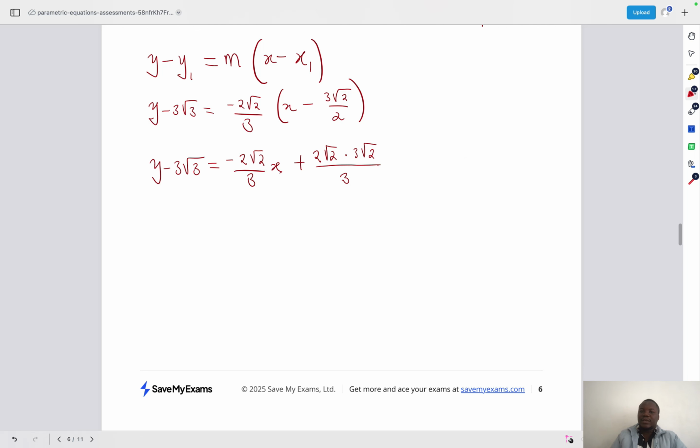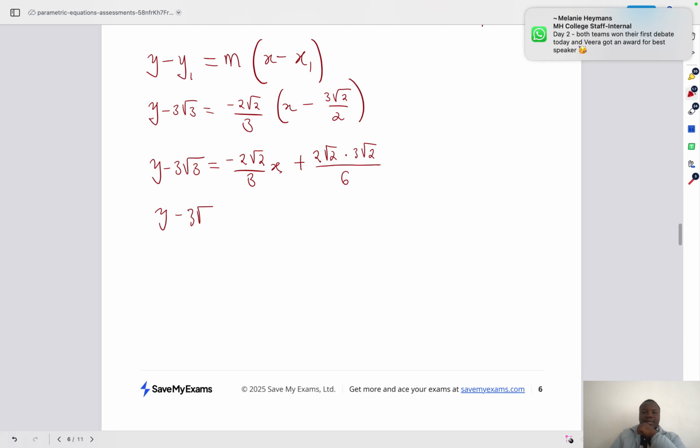So this is going to give me now 9. So I'm going to get 6 here, because 3 times 2 is actually 6, and negative 2 root 2 times negative that will just give me plus the negative. So that's what we have here. Now y minus 3 root 3 would then be equal to negative 2 root 2 over 3x.